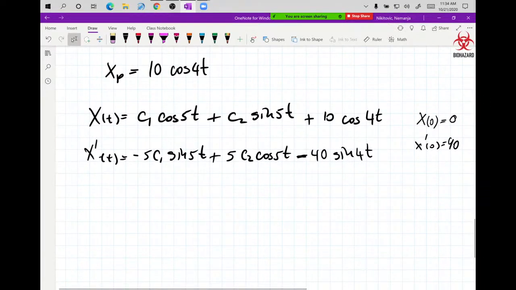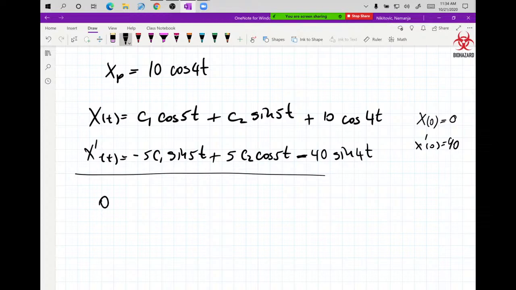Now plug everything in. From the top equation, x of 0 is equal to 0. That will be c1 plus 0 plus cosine of 0, that's 1, times 10. So c1 appears to be negative 10. And from the x prime we have 90 is equal to negative 5 c1. No, that term dies because it's a sine of 0.